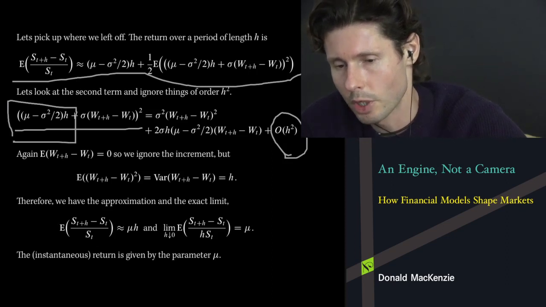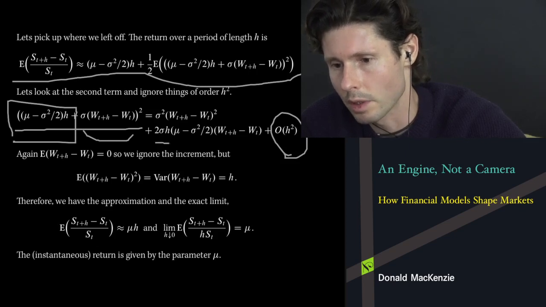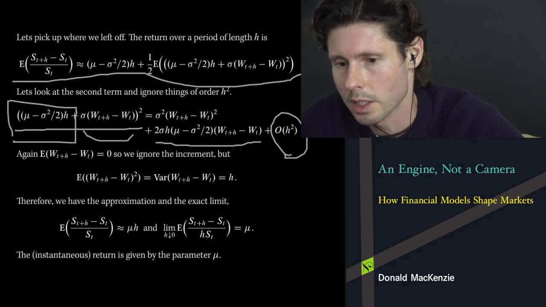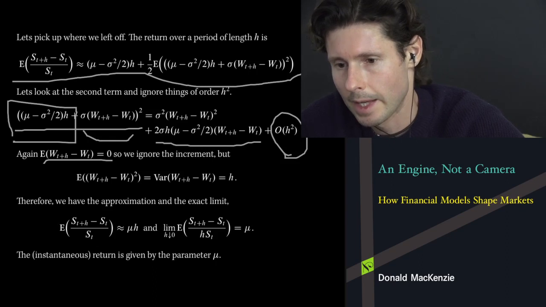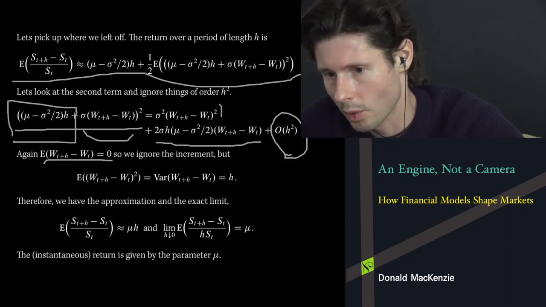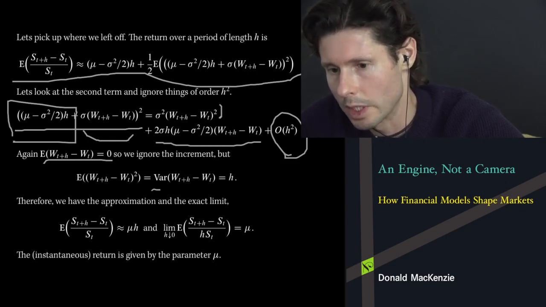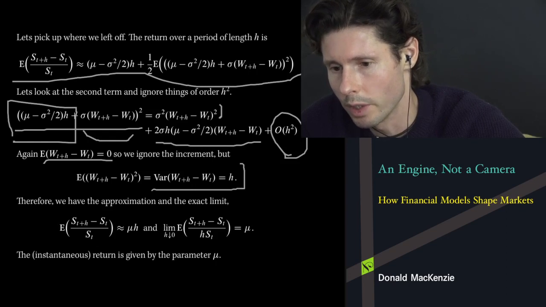The leading term here is actually going to be the last term, the Brownian increment squared, and this is the cross term. The cross term is not important because, again, the expectation of the Brownian increment is 0. We ignore that. However, the squared Brownian increment is actually its variance, which we know to be of size h.